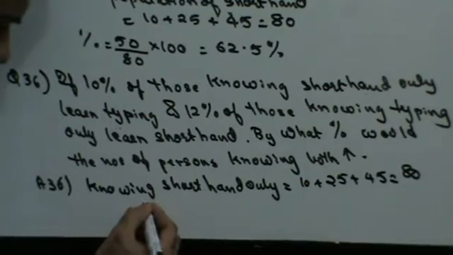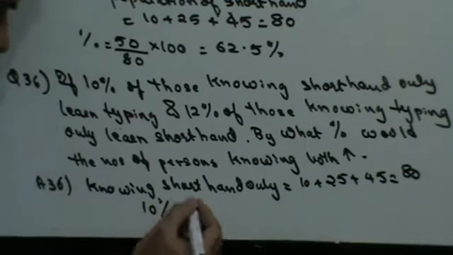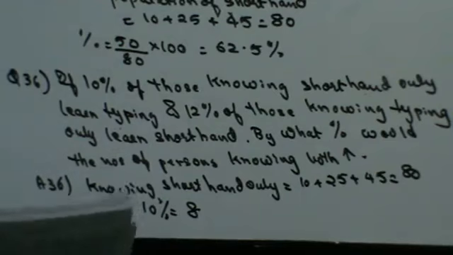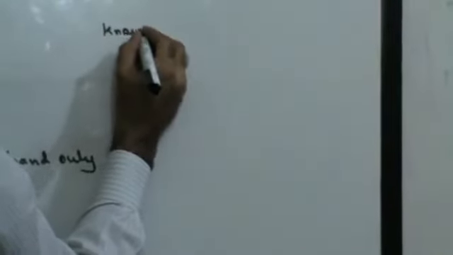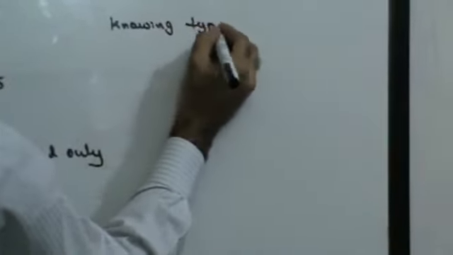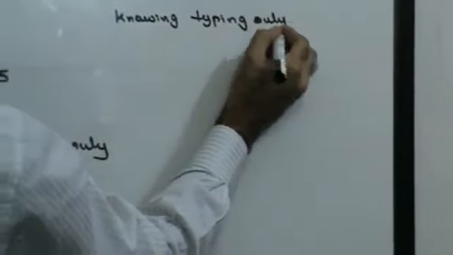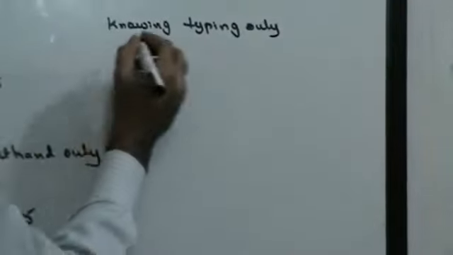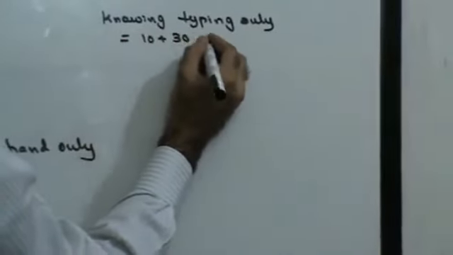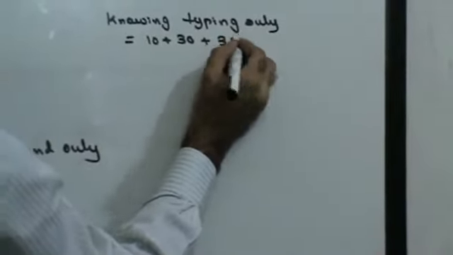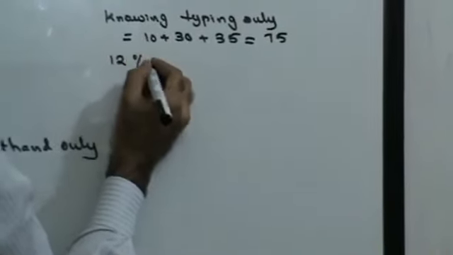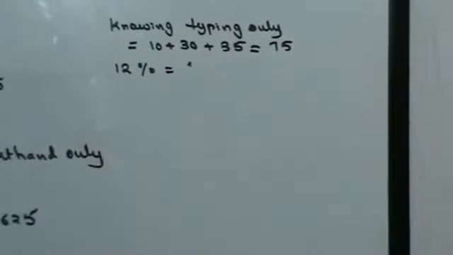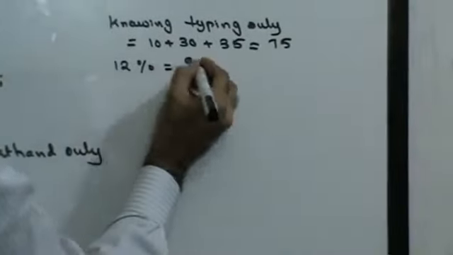So 10% is going to be 8. And 12% of those knowing typing only. Knowing typing only is going to be 10 plus 30 plus 35. This is 65, 75. 12% of that should be approximately 9.